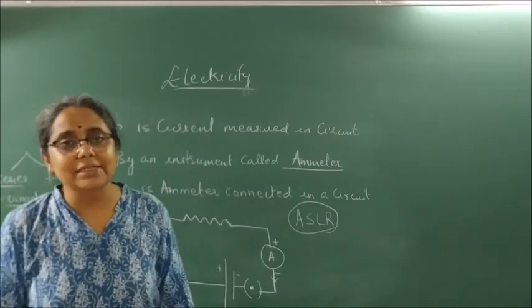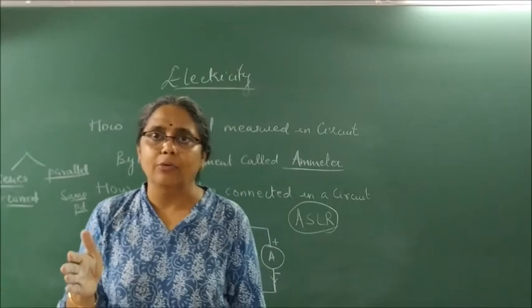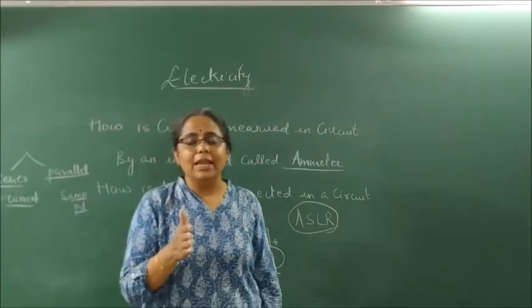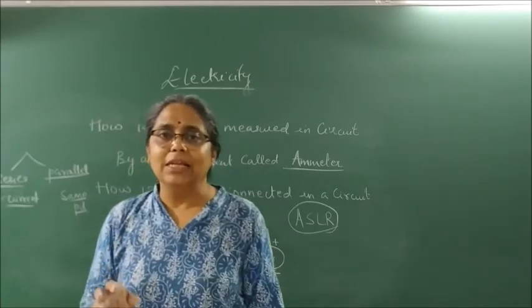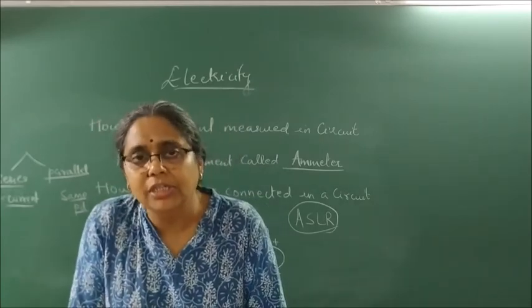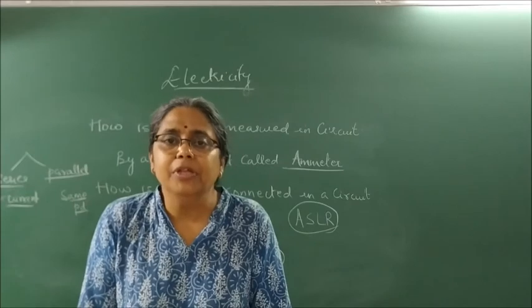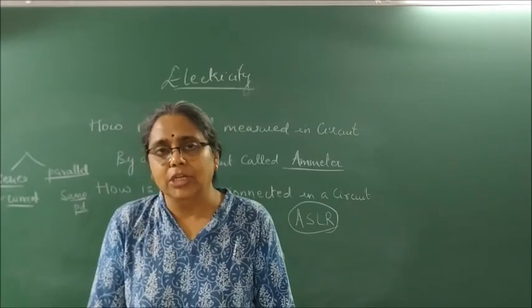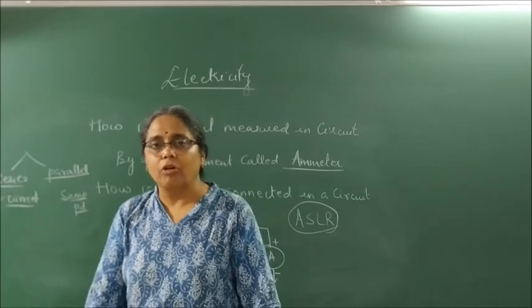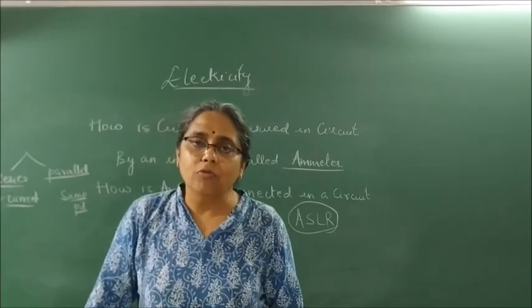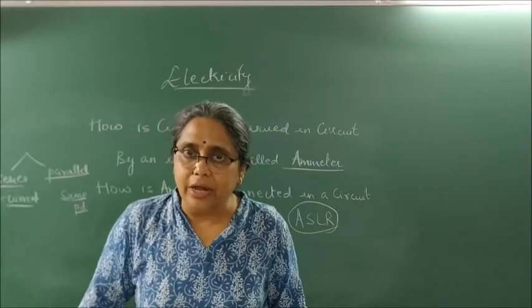So always understand whatever we have studied till now in electricity. We said electricity is a form of energy. Electricity basically involves the flow of charges. Charges are of two types: static charges and dynamic charges. Static charges are studied under a separate branch of physics called electrostatics, and it involves the study of charges at rest.